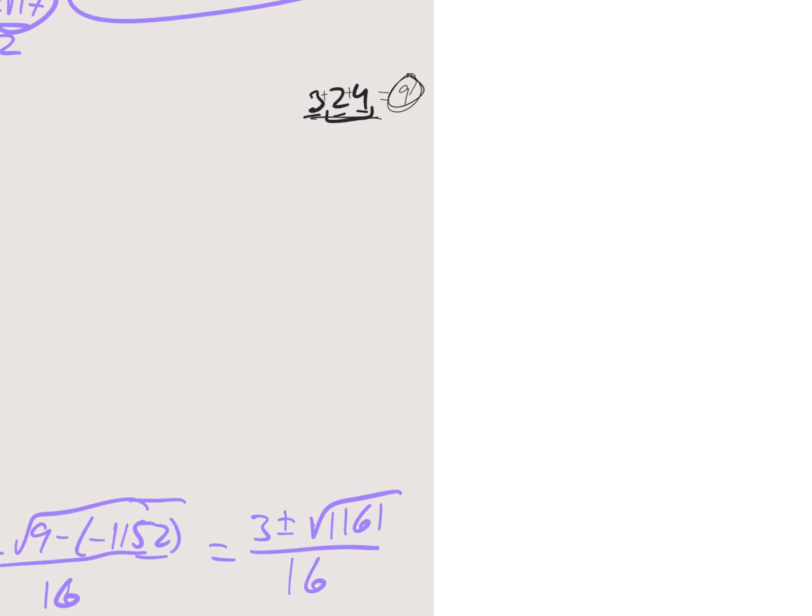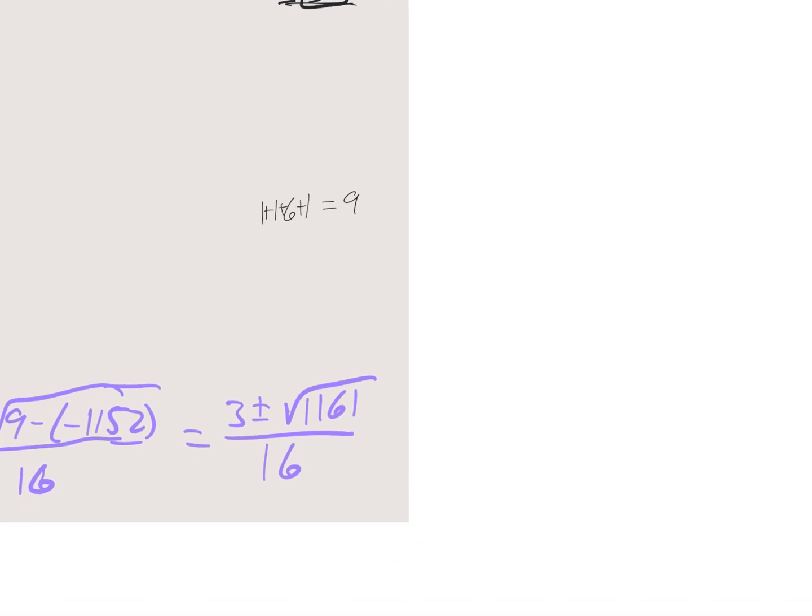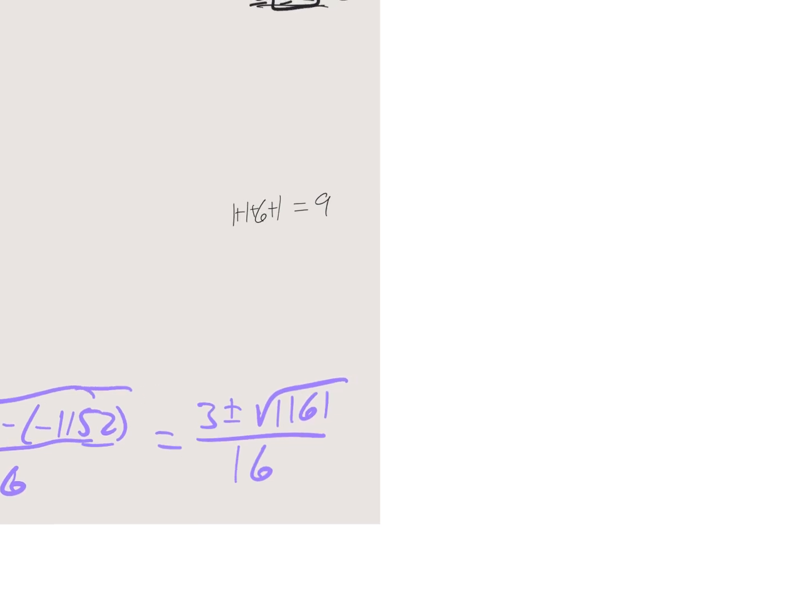If you do the same thing with 1, 1, 6, 1, if you add up all these digits, 1 plus 1 is 2, plus 6 is 8, plus 1 gets you 9. So it's divisible by 3, and it's also divisible by 9, and that's what we're looking for here. You can verify this: if you type 1161 in a calculator or use long division, you should get a whole number when you divide by 9, and that whole number should be 129.